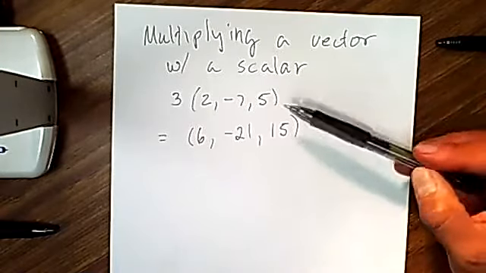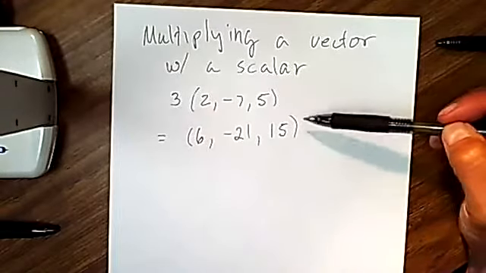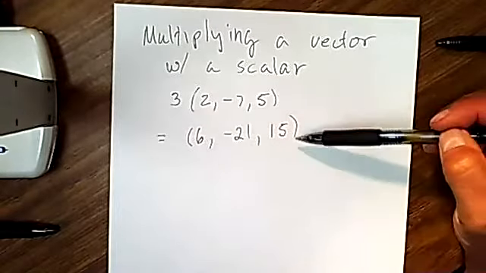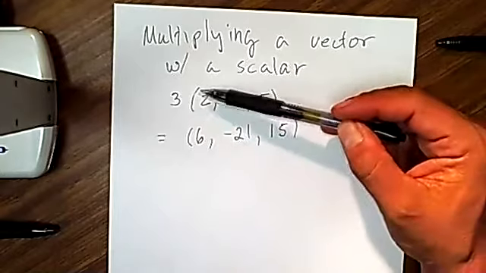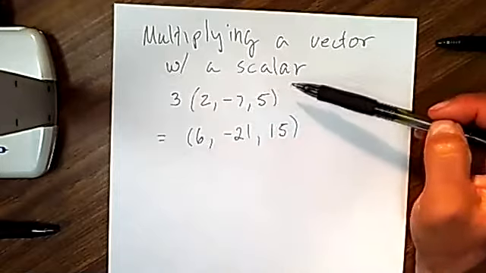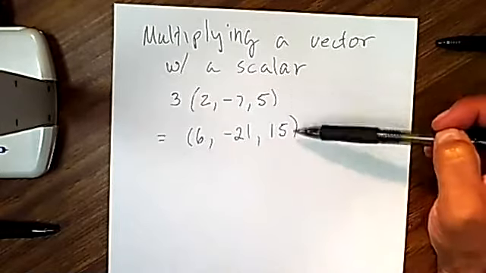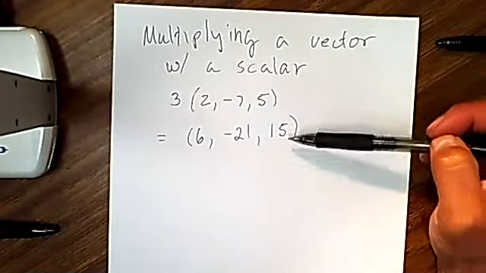We can also factor any scalar from a vector. So this goes both ways. If we have this second vector, we can factor out the 3. And as long as we have the 3 and this 2, -7, 5, that is going to be exactly the same as this vector. We're not going to distinguish between one and the other.